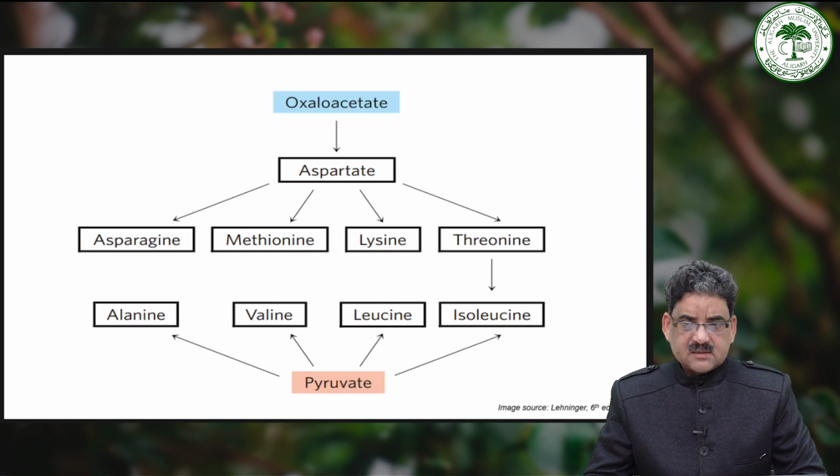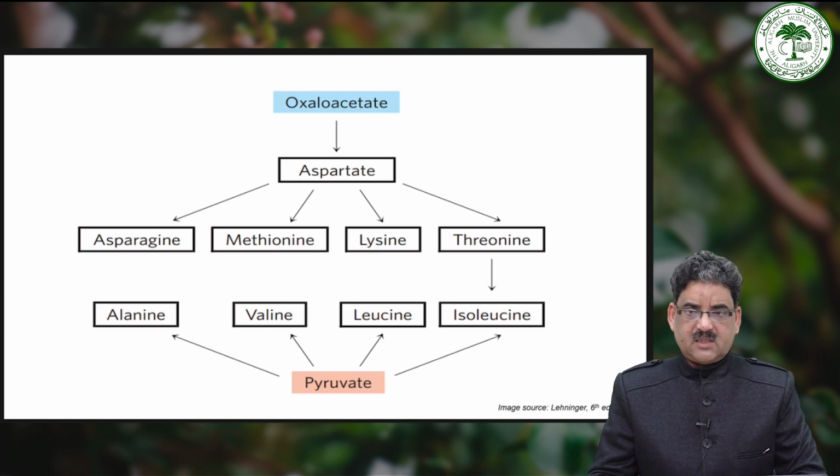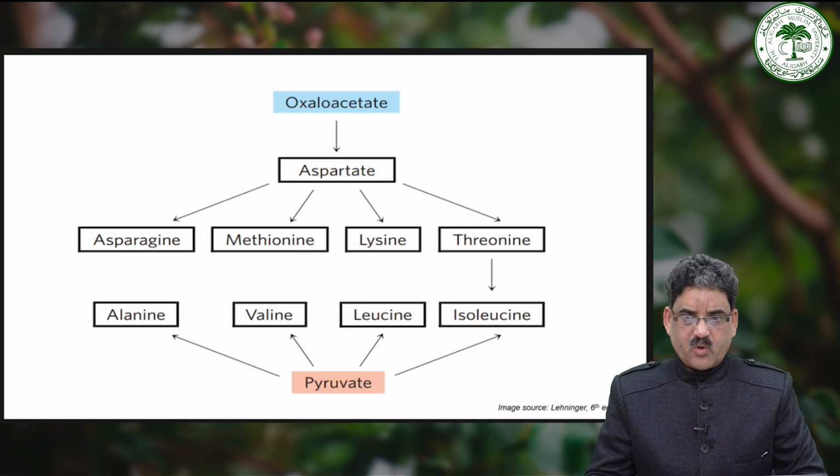Asparagine synthesis involves the amidation of aspartate with NH4 provided by glutamine. These amino acids are considered non-essential and their uncomplicated biosynthetic pathways are present in all organisms.